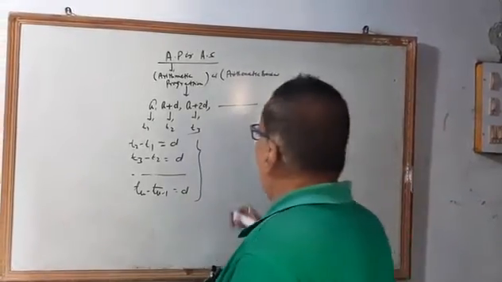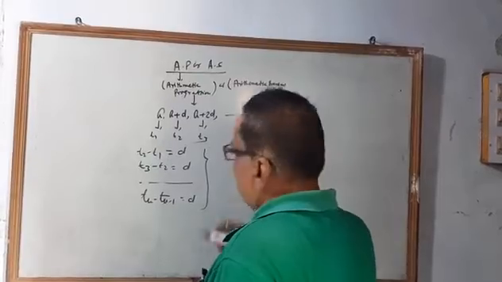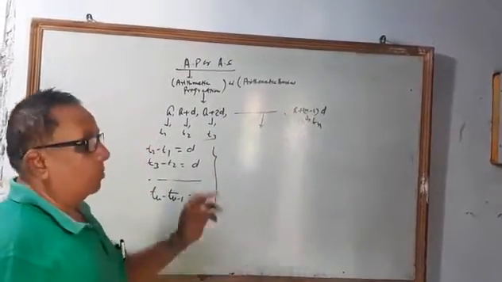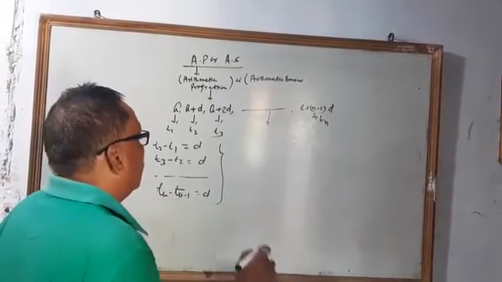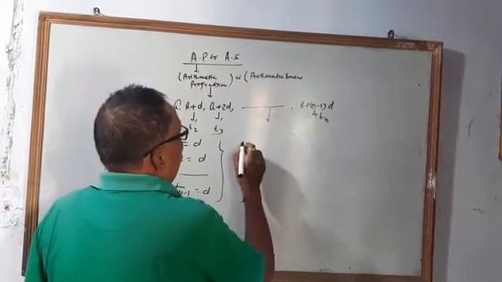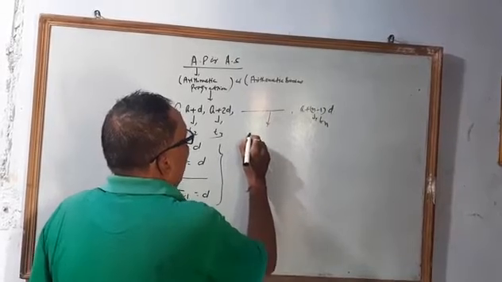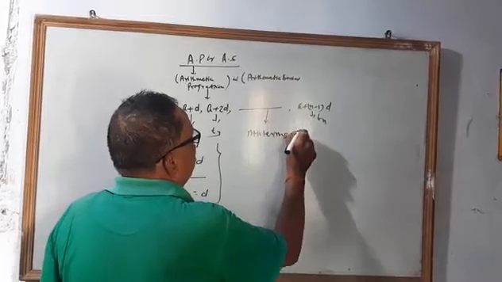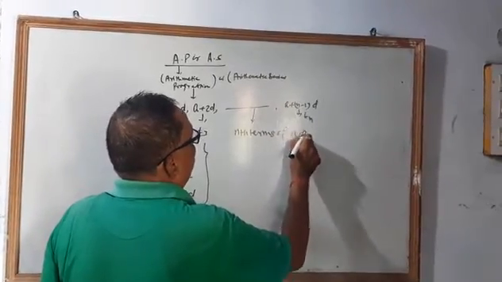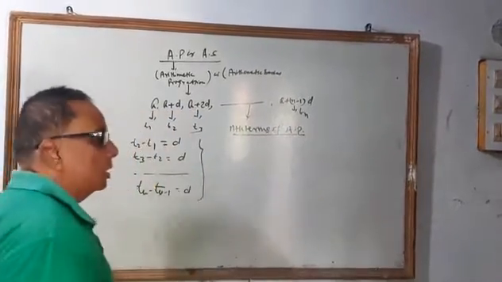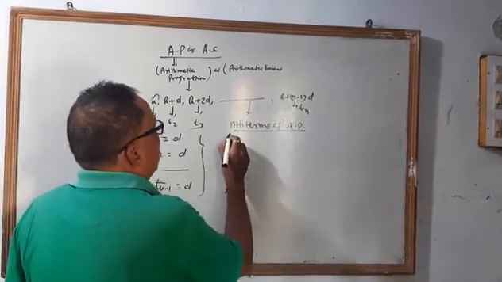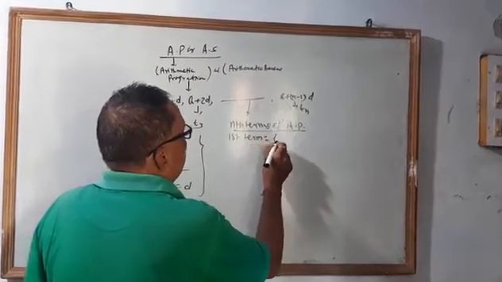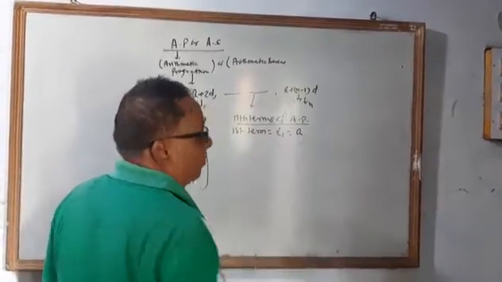How will you find the last term, the nth term? Suppose you have the nth term of an AP. The first term T1 equals a.